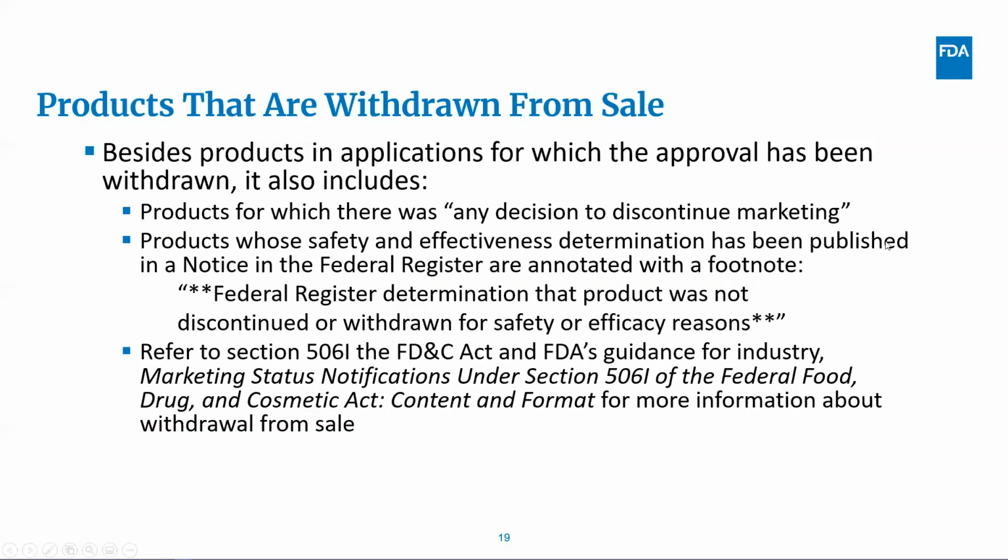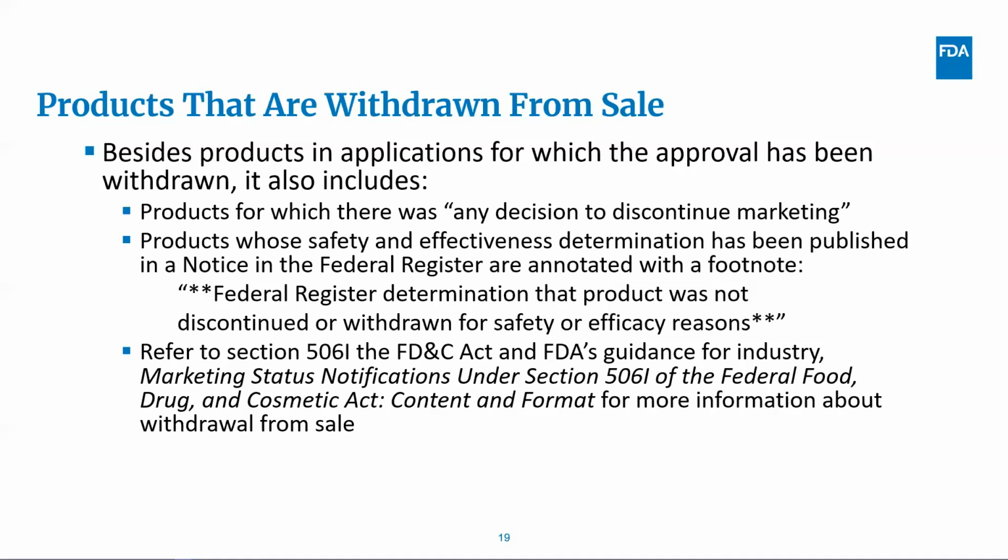A few more notes about that category. So products that are withdrawn from sale, it includes products that have their applications where the approval has been withdrawn for the application. But on the other hand, it also includes products for which there was any decision to discontinue marketing.